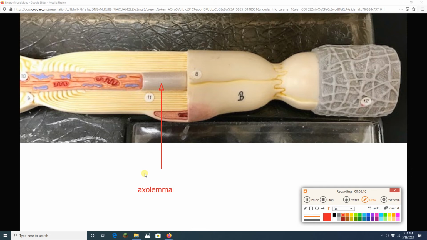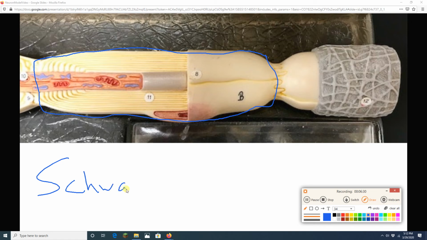Now, obviously, there's more stuff covering this axon. In fact, I'm going to see some cells. I'm going to put a circle around a cell right here. This yellowish whitish guy right here is a Schwann cell.